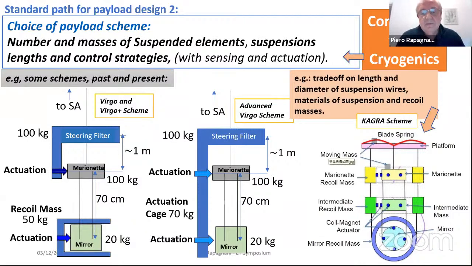For instance, we could see if it is possible for ET to have a recoil mass around the mirror very close. That could be helpful, for instance, to have a cool shield very close to the mirror.